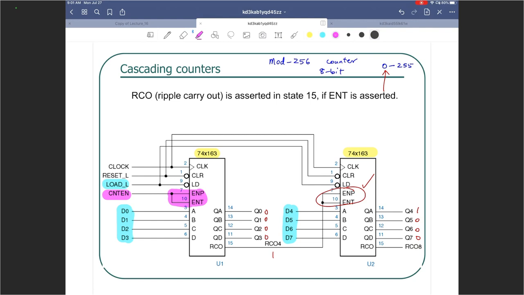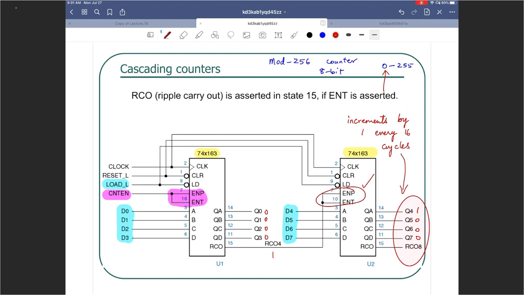So let me write this. Increments by 1 every 16 cycles. You guys see that?